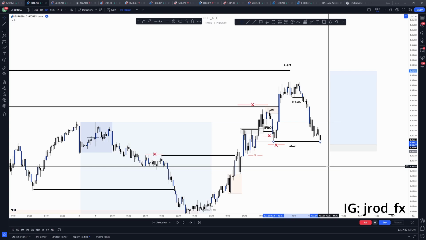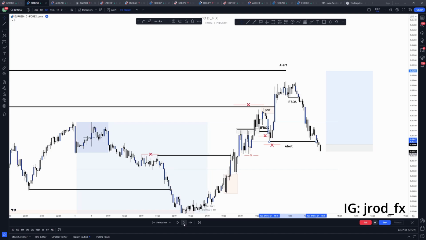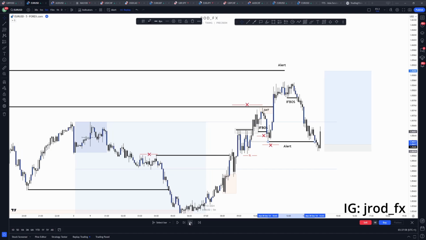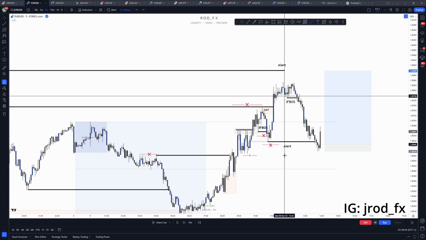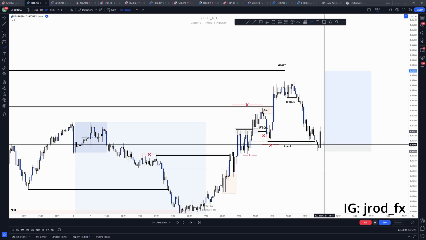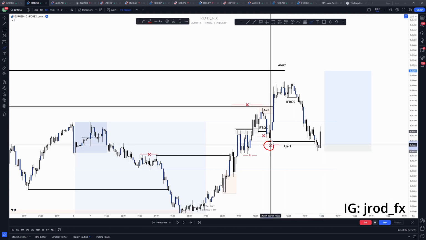It's very, very probable. Now, you have the clear false breaker structure. Now we have, remember, the elastic band. I've explained to you guys oftentimes what the elastic band is. We have that release of liquidity.